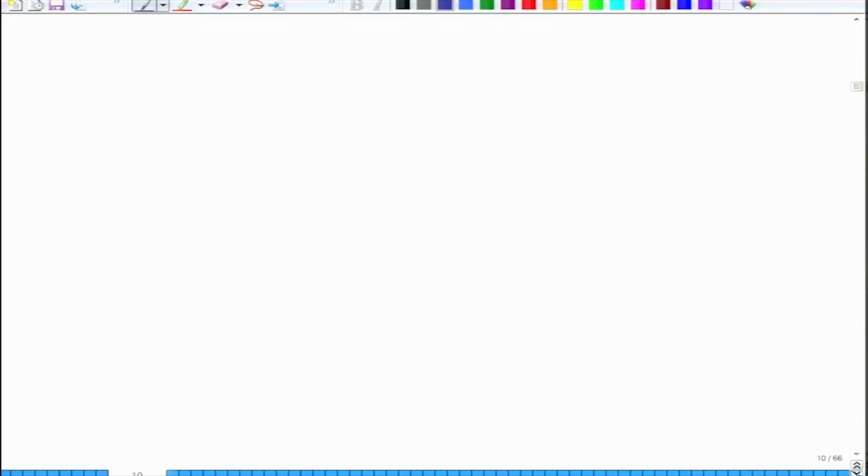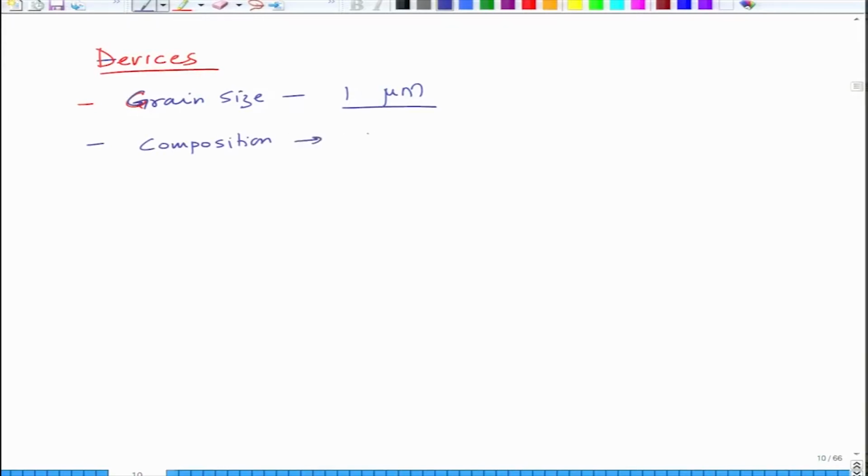Now, typical devices in this case, the grain sizes are of the order of about a micron. This is the typical grain size in the device that one obtains. Composition also changes slightly from surface to bulk.